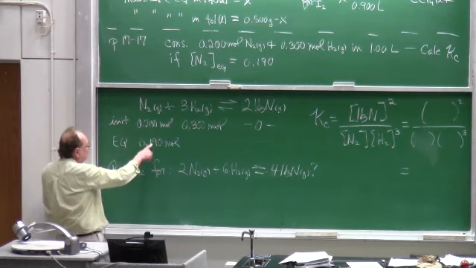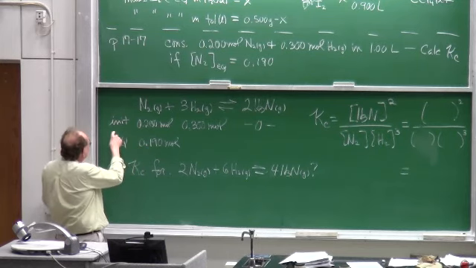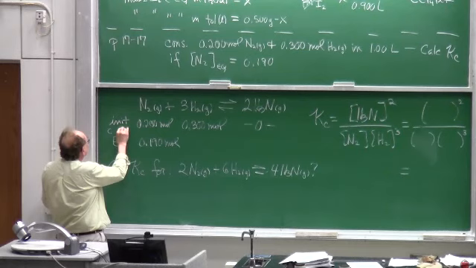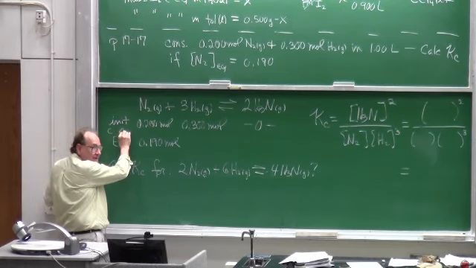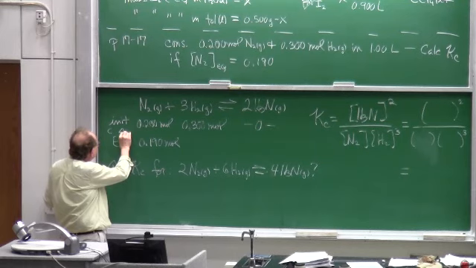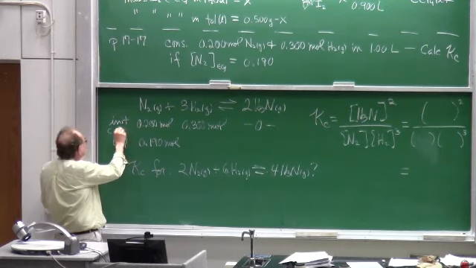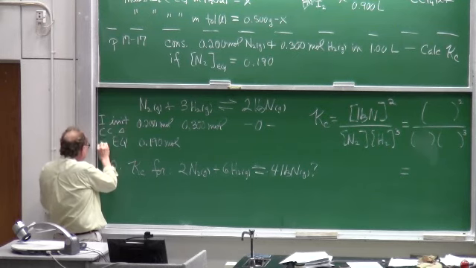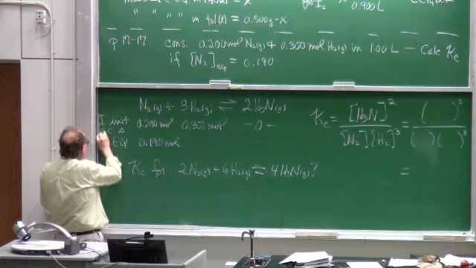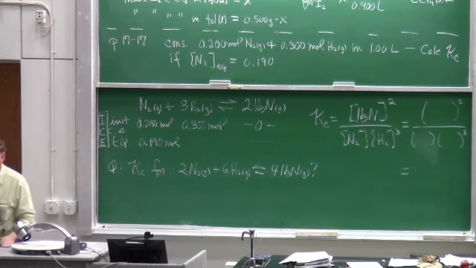Now, to go from this to this, we experienced a change, didn't we? So we could write in here C or delta, because we often use delta to refer to change. For those of you who've seen this stuff in textbooks: initial, change, and equilibrium. The textbooks very often call this an ICE state.